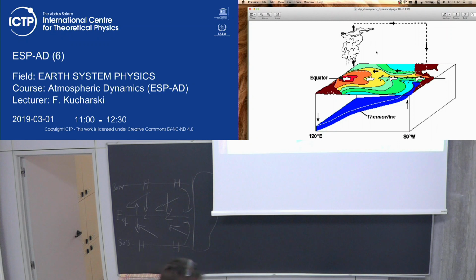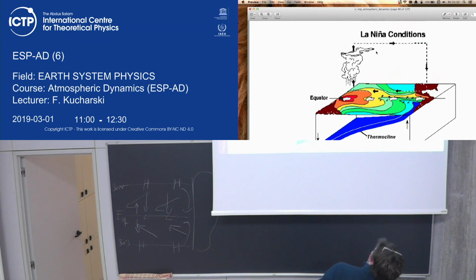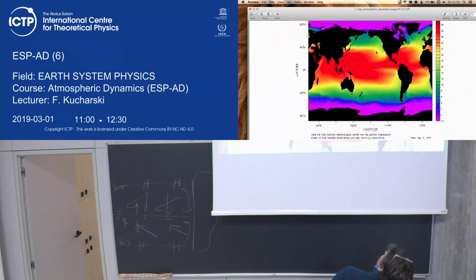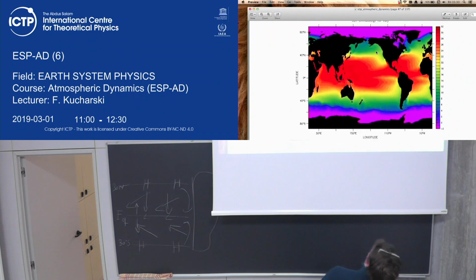So we can almost guess the potential for a big El Niño if we compare the surface temperature difference between Eastern and Western Pacific. We have here temperatures of 23 degrees maybe, and here 28 degrees. So 5 degrees is probably the maximum that we could expect, and then everything should have the same temperature. All the warm water goes all the way.